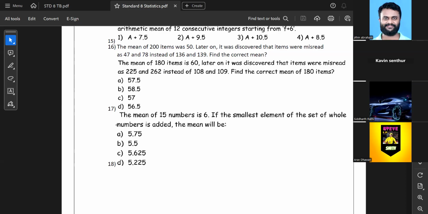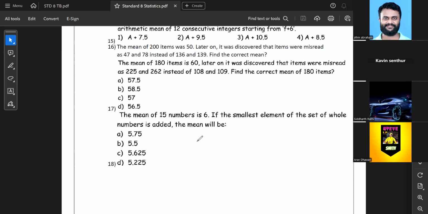The mean of 15 numbers is 6. If the smallest element of the set of whole numbers is added, the mean will be what? Sir, the smallest element is 0, right?